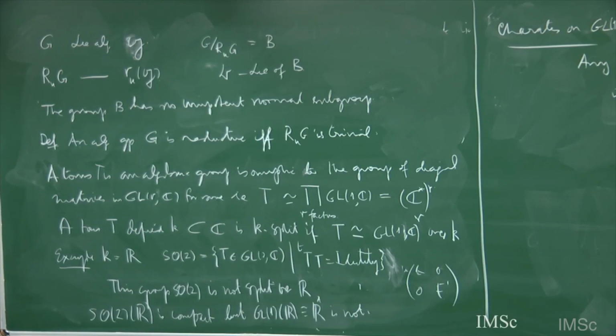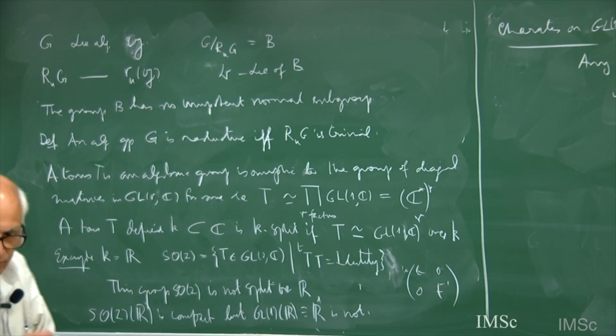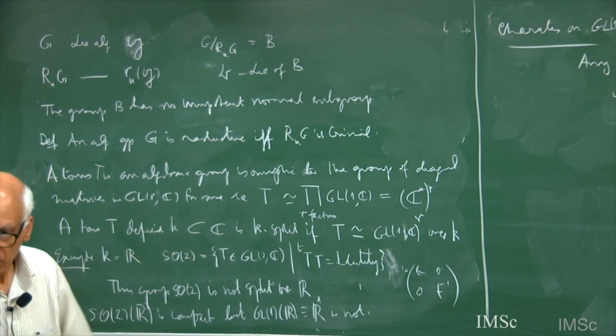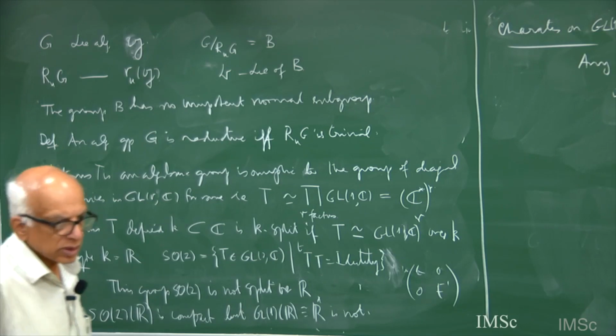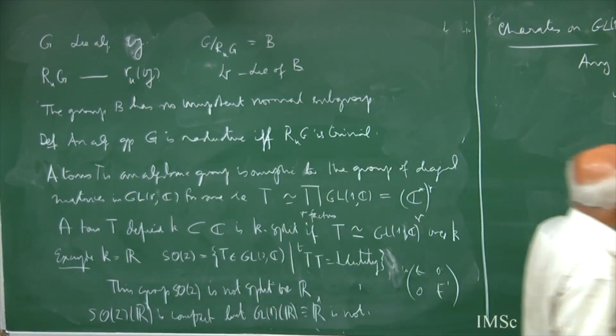The only mappings of the circle into itself are of this kind, z to z power r. And if you want an algebraic extension, this is the only possible one. It's raising to the power r on the circle, therefore it's also raising to the power r on the whole complex plane minus 0.